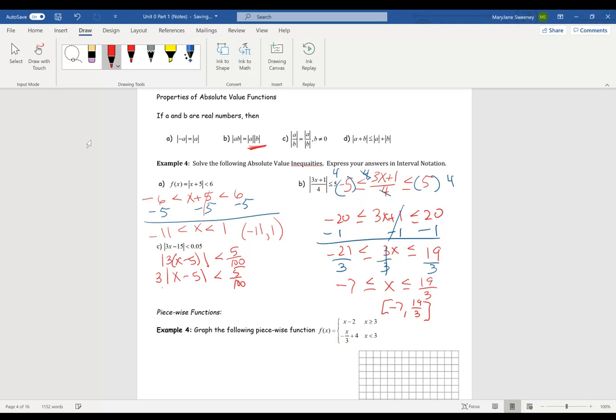Now, to get rid of the 3, I can multiply by a third. And I'd have the absolute value of x minus 5 is less than 5 over 300. Now, I could take that x minus 5 and sandwich it in the middle of 5 over 300, negative 5 over 300. And then you would just add 5, add 5.